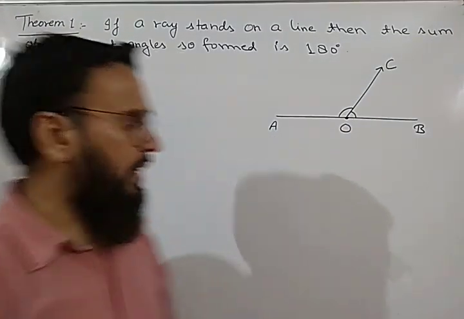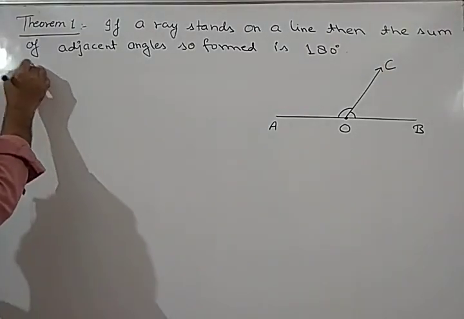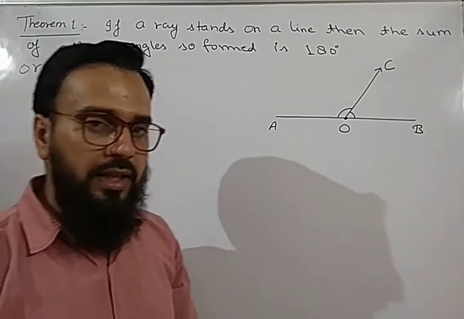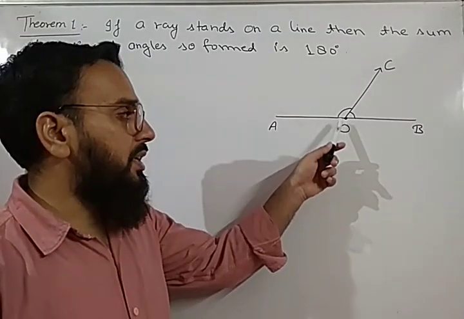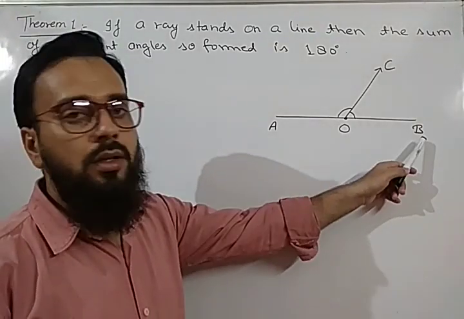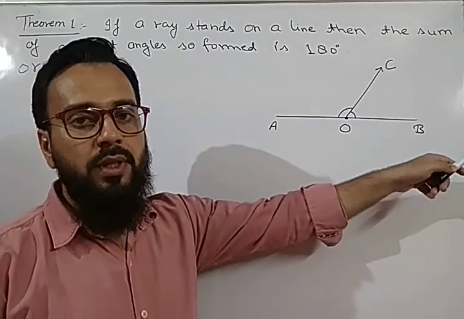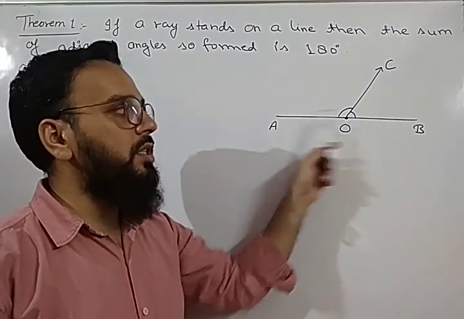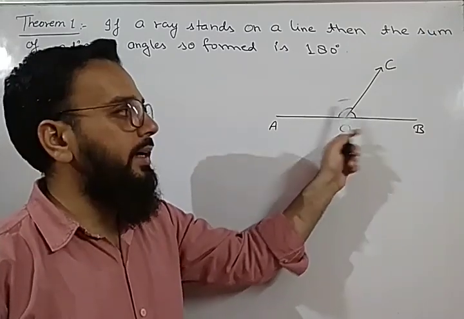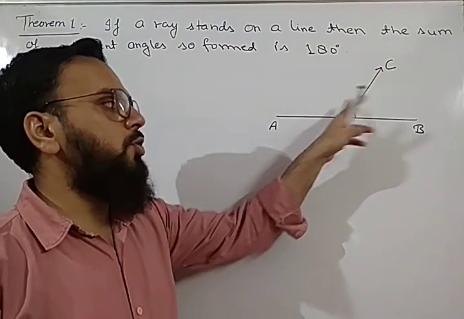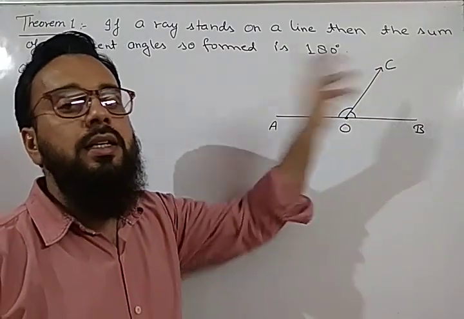Or another statement you can write it as, because these two angles are also the linear pair of angles. Because if we consider OA and OB, two rays, these are two opposite rays, and when there are two opposite rays from the common vertex, then the angles are linear pair of angles. So we can say that these two angles are adjacent as well as linear pair.